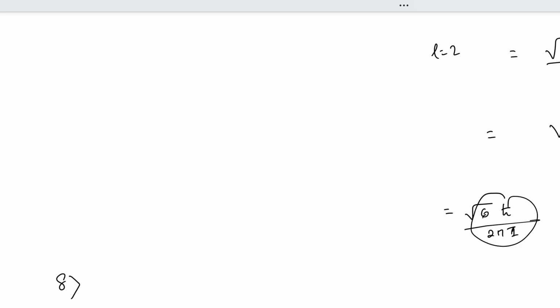So this is A dagger, so A will be, so this is x plus ip into x minus ip.